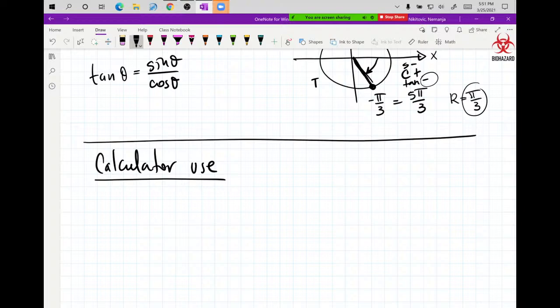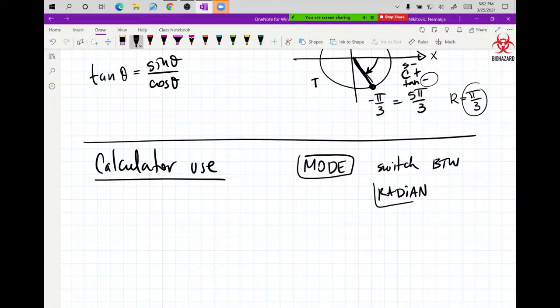So you need to know that your calculator can do both. If you didn't know, the calculator can do both. And if you use the button called mode, you will be able to switch between radian measure and degrees.